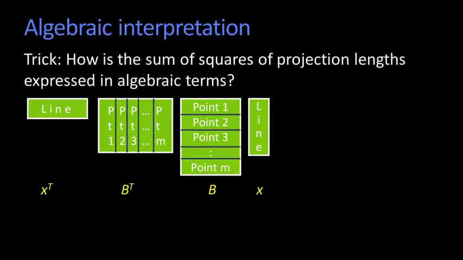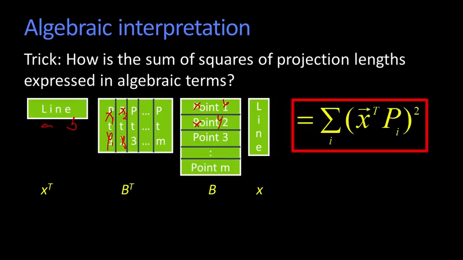A way of writing that is we want to sum up all the squares, and this is just a little bit of a matrix manipulation trick. If I wrote my points down here, x1, y1, x2, y2, and if this was my line, so maybe it's (a, b), if I multiply x transpose B transpose B x, and you multiply that all through, what you'll realize is it's exactly that value.